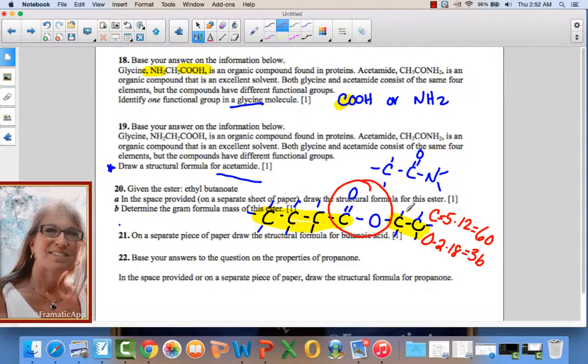And then I've got 1, 2, 3, 4, 5, 6, 7, 8, 9, 10, 11, 12. I have 12 H's times 1, which is 12. So 108 grams. There you go.